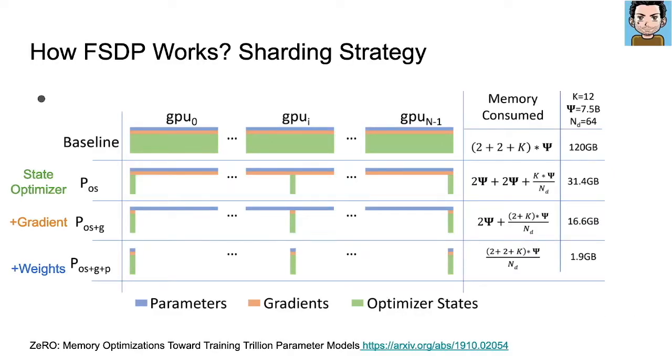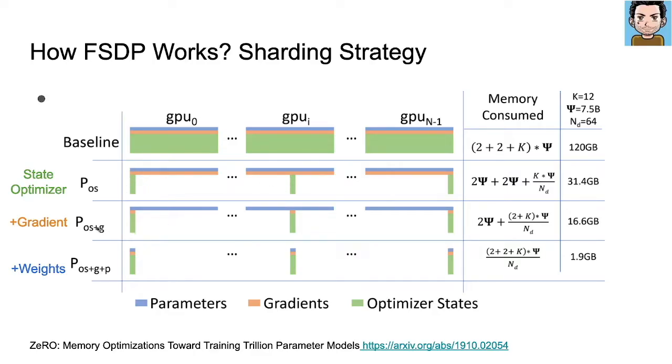This is another figure to illustrate the idea of sharding. The first row shows a distributed data parallel, DDP, example where each GPU maintains a copy of the entire model. In the second row, we are using FSDP and we are sharding the optimizer state only across GPUs. Once we have done the sharding, each GPU is responsible for its own set of parameters.